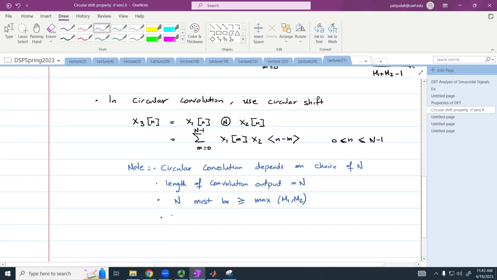And if N is greater than or equal to M1 plus M2 minus 1, then the circular convolution is going to equal the linear convolution.